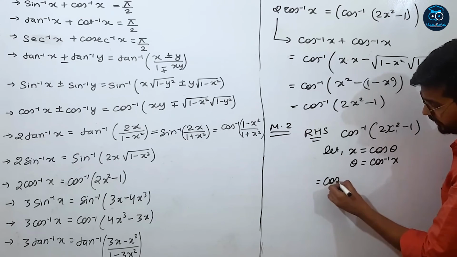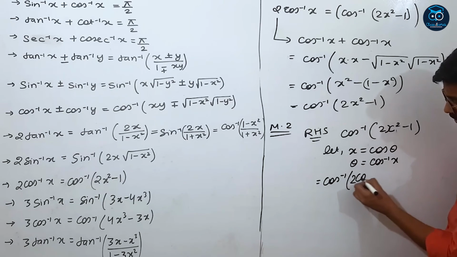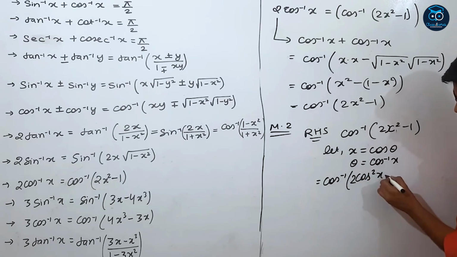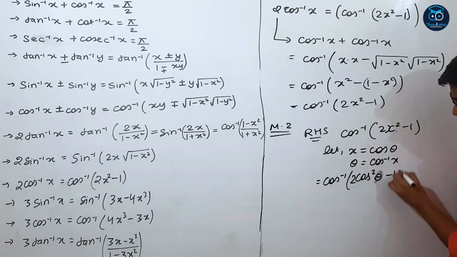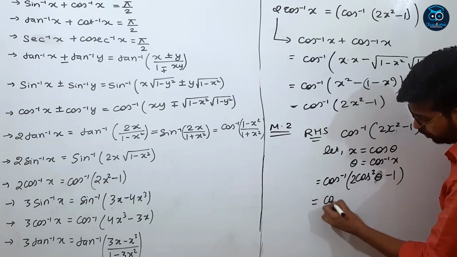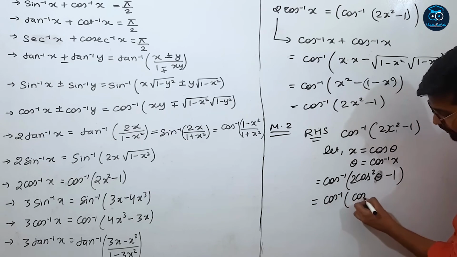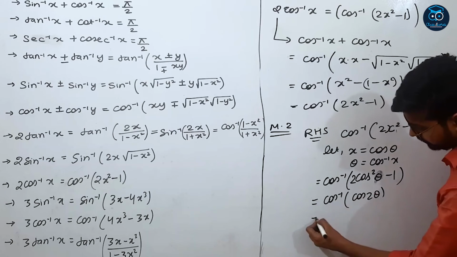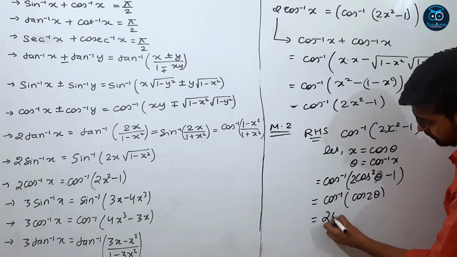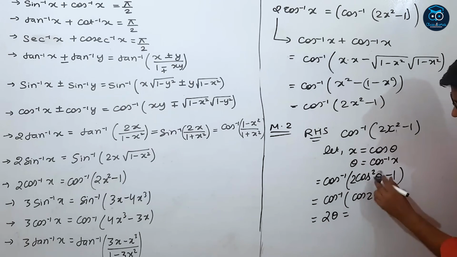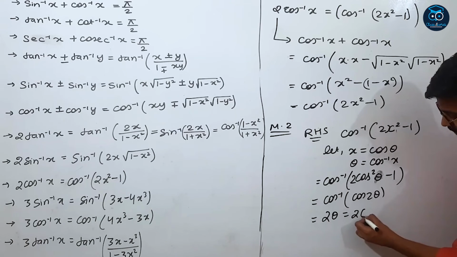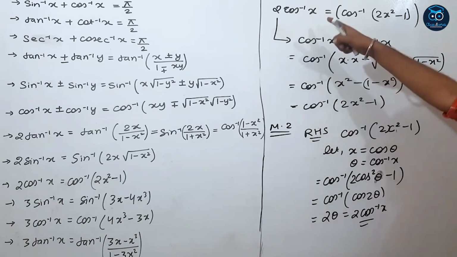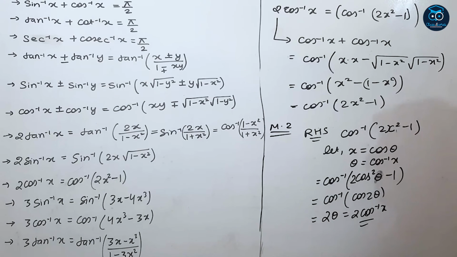We get cos inverse 2 cos square theta minus 1. That is cos inverse cos 2 theta, it will be self-adjusting, then it becomes 2 theta and the value of theta is cos inverse x, so it becomes 2 cos inverse x. That is equal to the LHS of the question. So note it down.